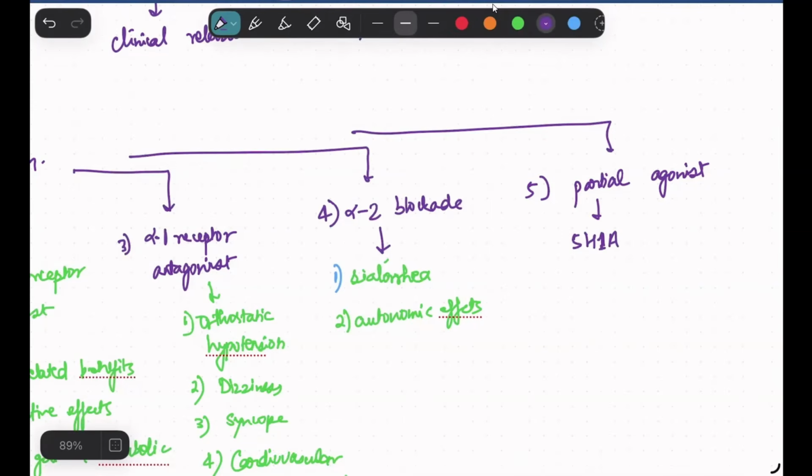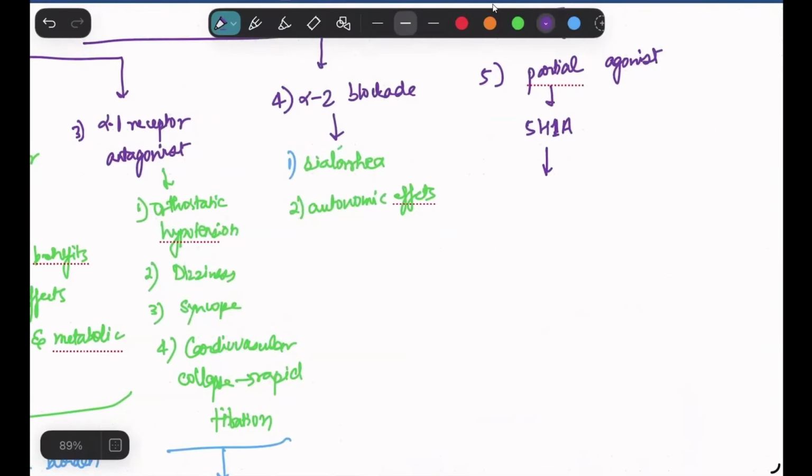Always remember that partial agonist action at 5-HT1A is responsible for anxiolytic action. Which other drug is a partial agonist at 5-HT1A and causes anxiolytic action? Anyone knows? Buspirone. Clear? So by being a partial agonist at 5-HT1A, it is responsible for mood stabilization, possible cognitive benefits, and the important thing is it also has an anxiolytic effect.